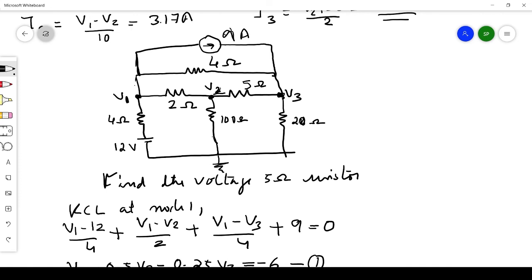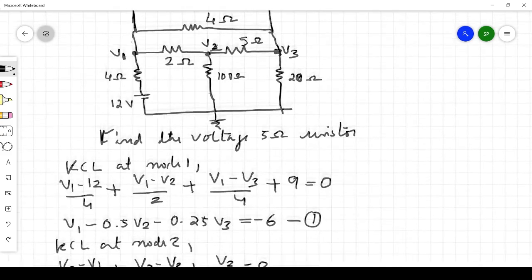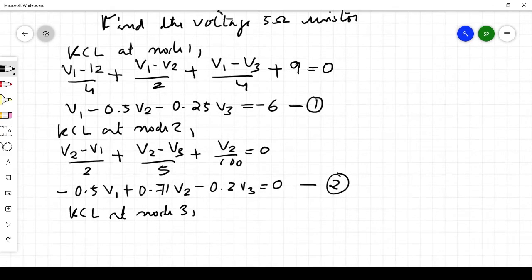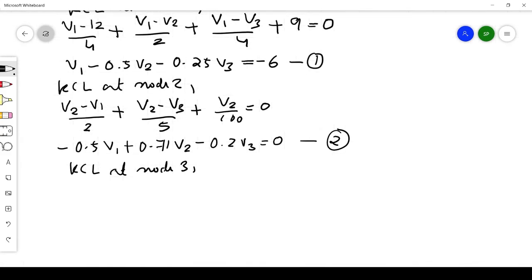We assume that all the currents are moving away from the node, and we can see that only this 9 ampere is the incoming current. So that should be subtracted, or we can put it on the other side of the equation. So we can write (V3 minus V2) upon 5 plus V3 by 20, plus (V3 minus V1) by 4 is equal to 9.